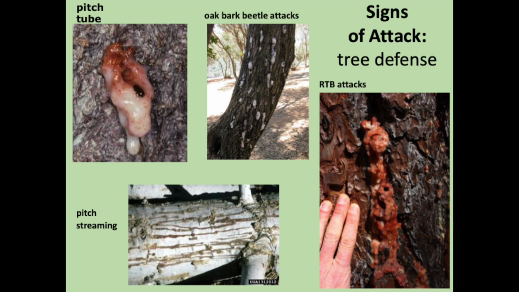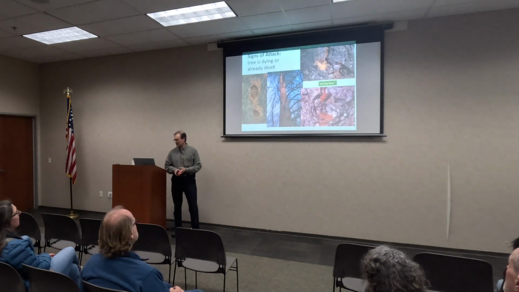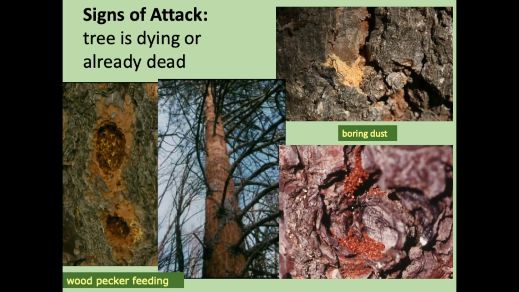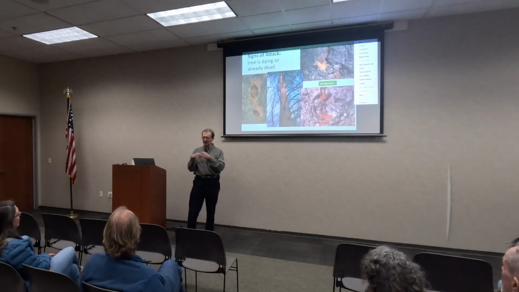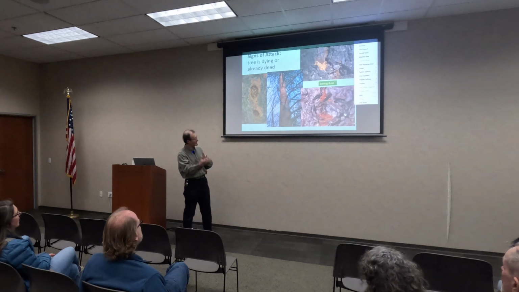defending themselves. This situation changes, and lots of times you'll see a tree that's just being attacked initially and it's producing resin. You see these pitch tubes produced, you see the pitch coming out of the tree.